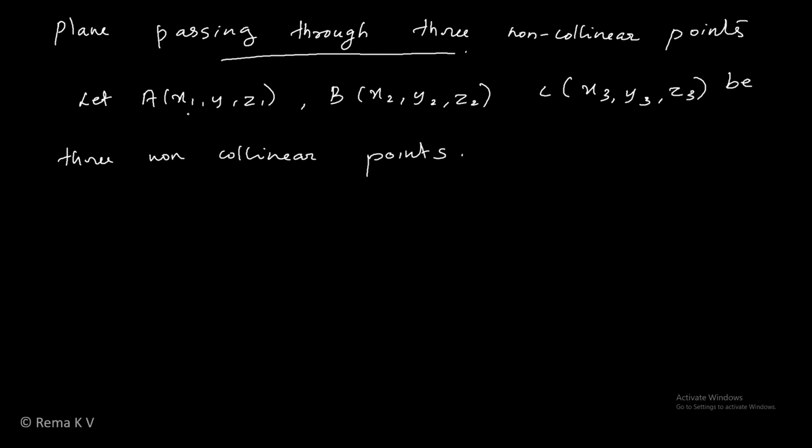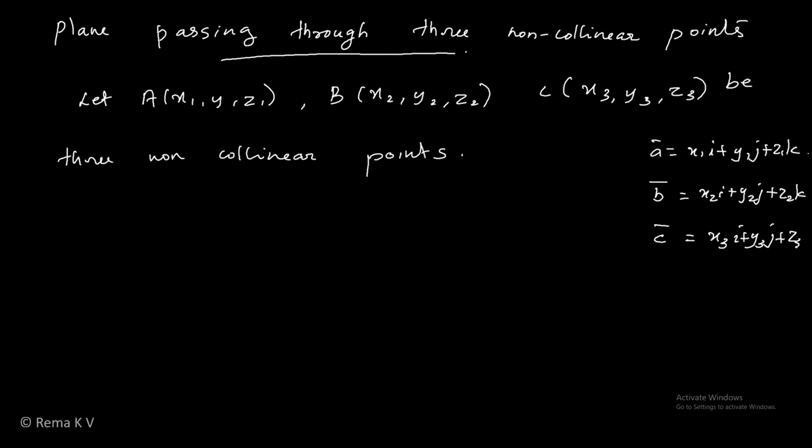Then you know that the position vector of the point A can be written as vector A is equal to x1i plus y1j plus z1k. Position vector of the point B can be written as vector B is equal to x2i plus y2j plus z2k. Then the position vector of C can be written as vector C is equal to x3i plus y3j plus z3k.